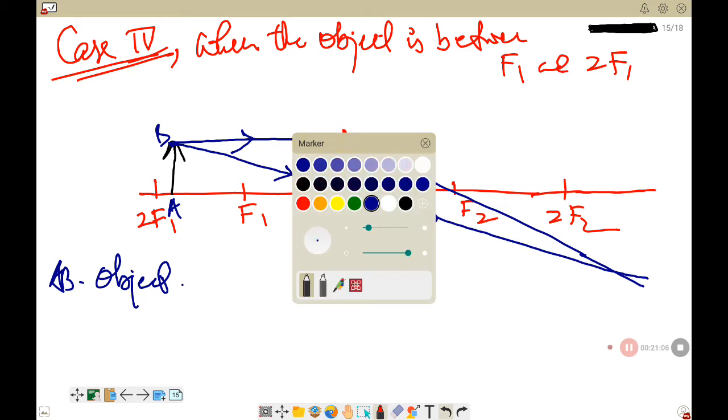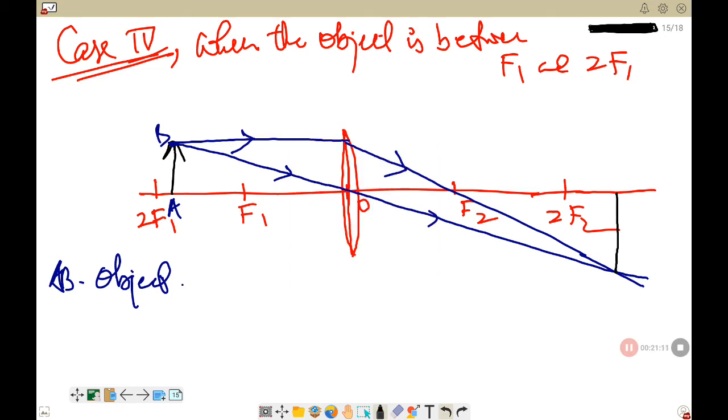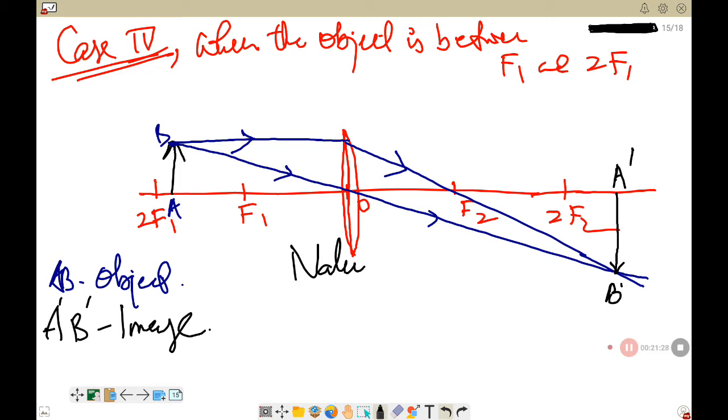So here, this is the point where I get my image. So A dash B dash is my image. Understand?